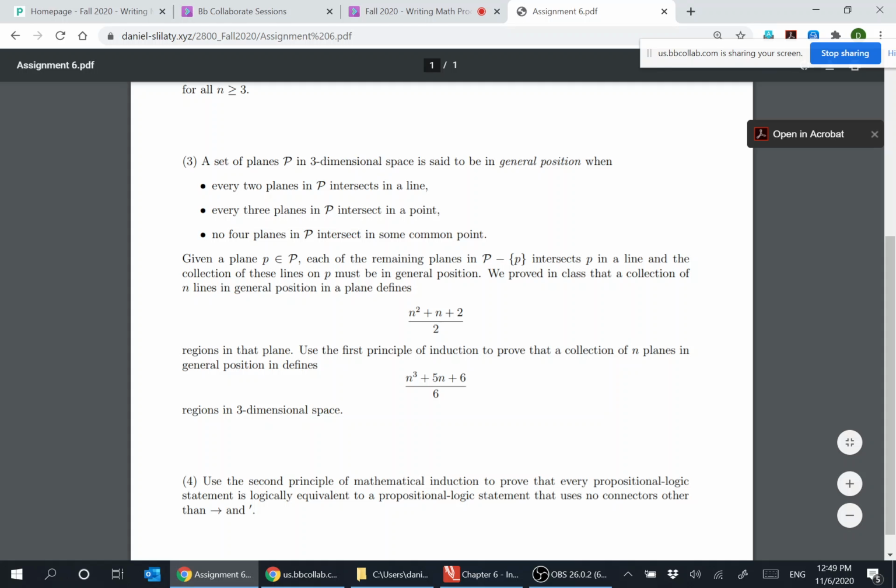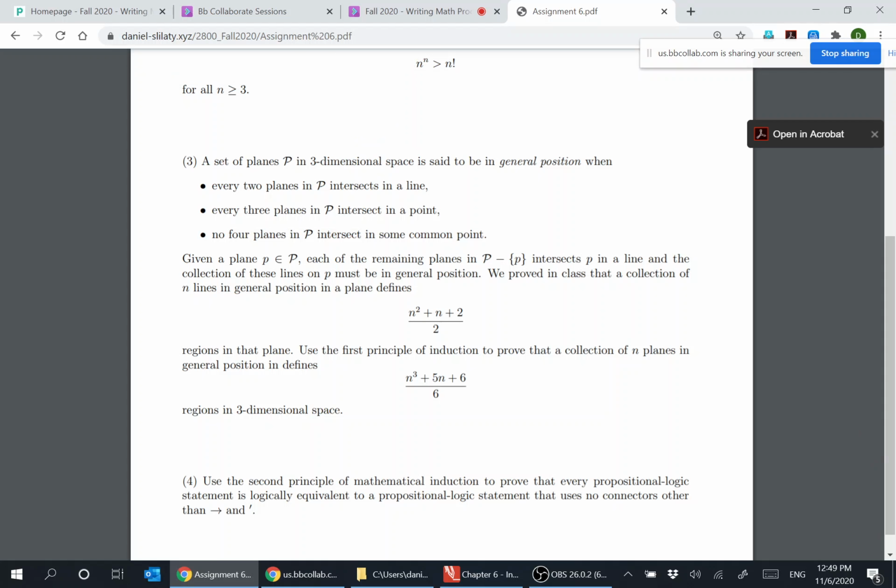The plane p intersects the other planes in one line each. And those lines on plane little p that come from the intersection with the other n planes have to be in general position on plane little p.